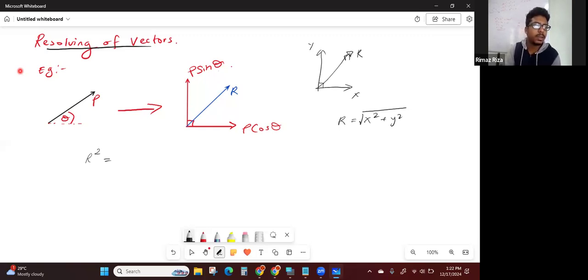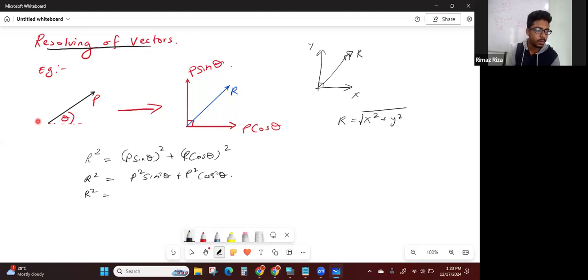All right, so similarly, here the resultant is P sine theta squared plus P cos theta squared. Therefore R squared is equal to P squared sine squared theta plus P squared cos squared theta.